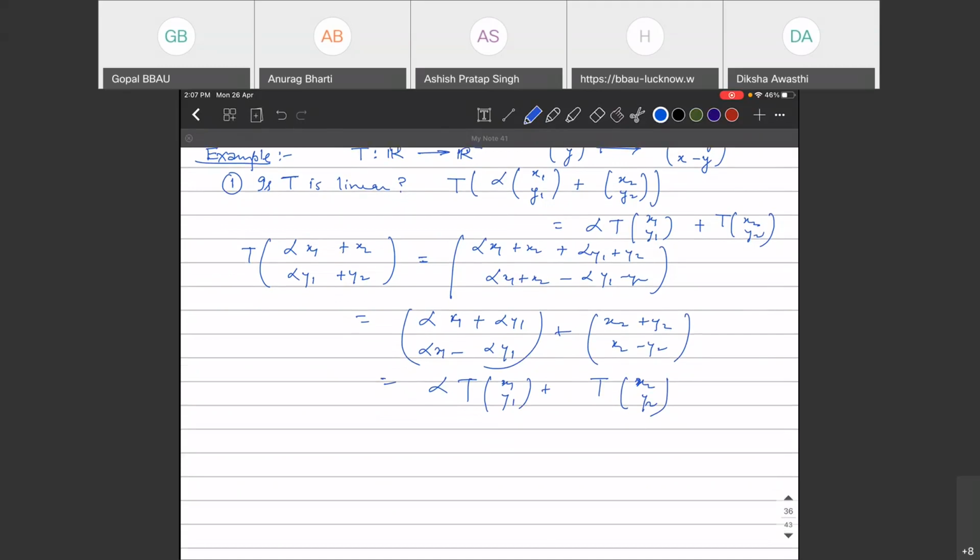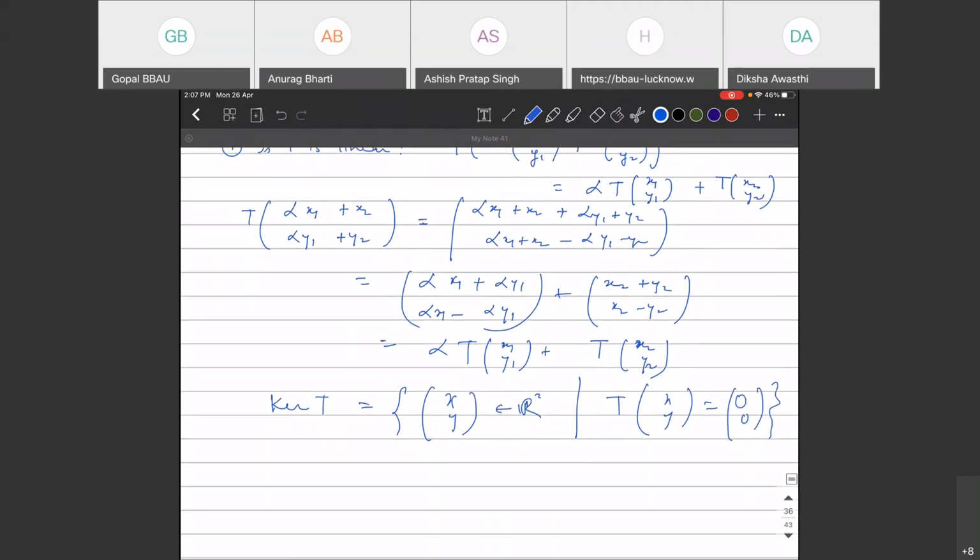What is the kernel of T? The kernel of T will be all those vectors in R2 such that T(x, y) is 0. Let's compute this.